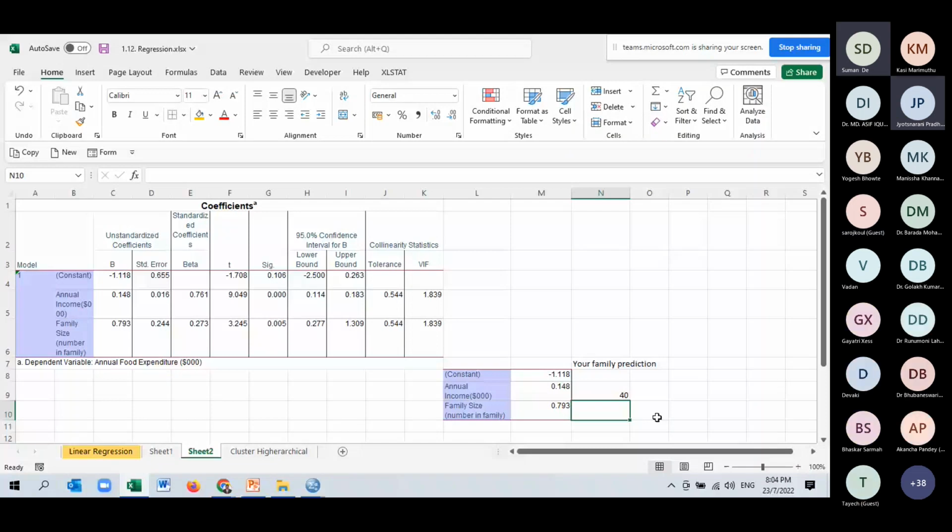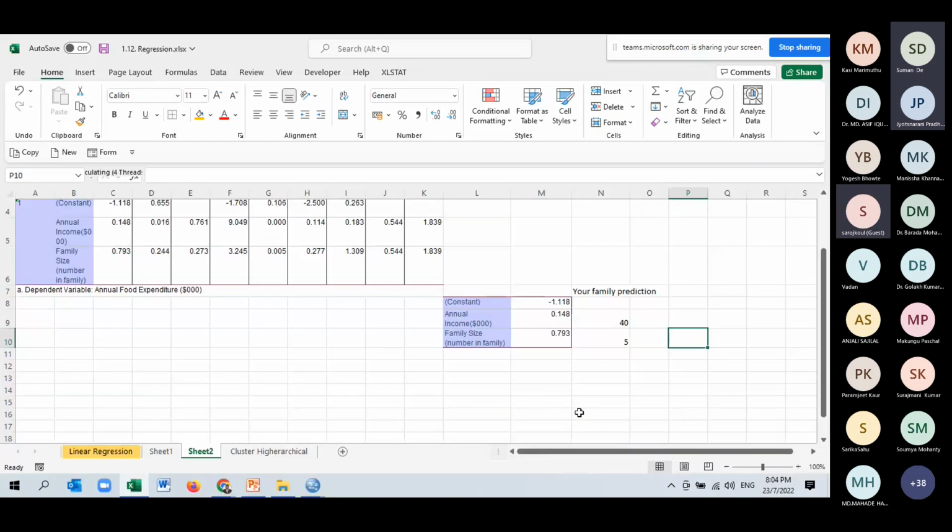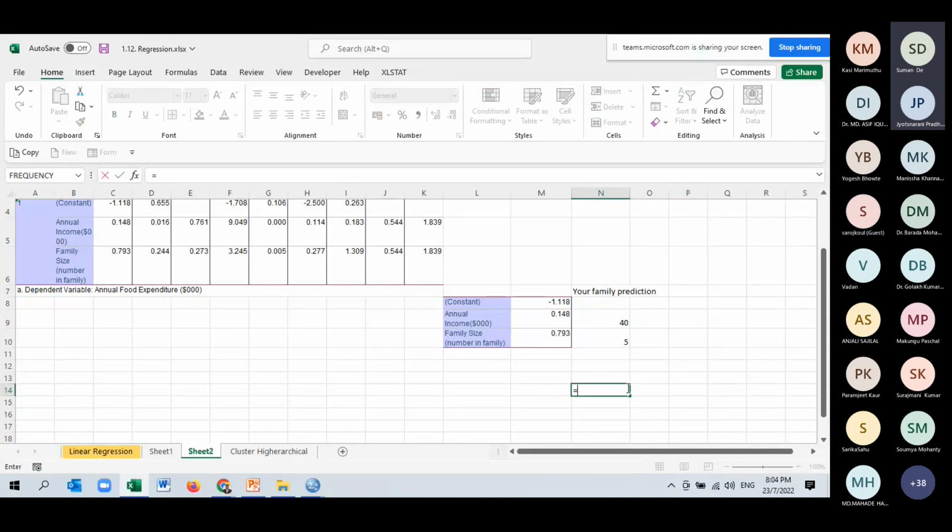Based on this unstandardized coefficient, we can anticipate how much your expenditure will be. Please calculate and tell me. Annual income $40,000, family has 5 members. How much will the expenditure be?